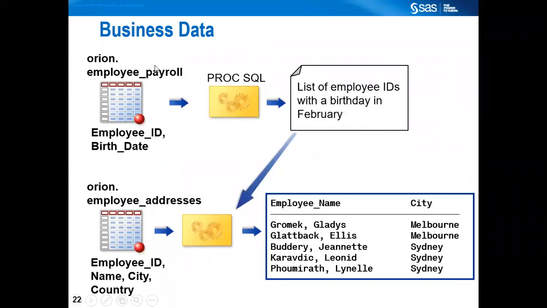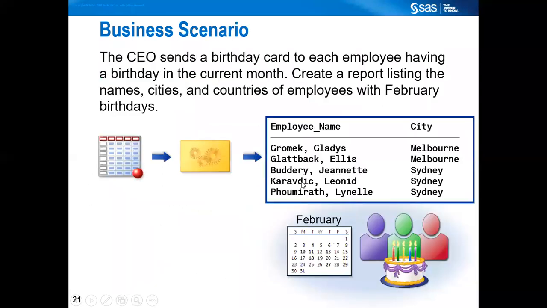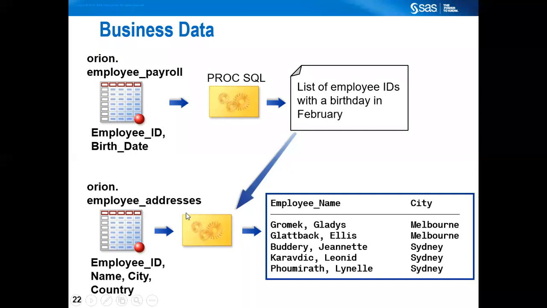So for that, they are telling you the payroll table will give you the information for ID and birth date, whereas the address table will give you the information of ID, name, city, and country, which is required. We need name and city. Of course, this is coming from your address table, but your birth dates will be coming from the payroll table.